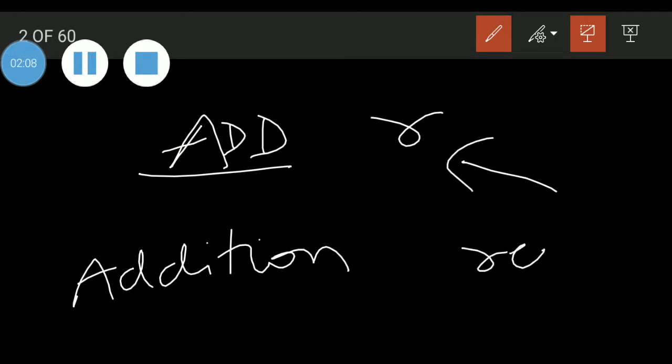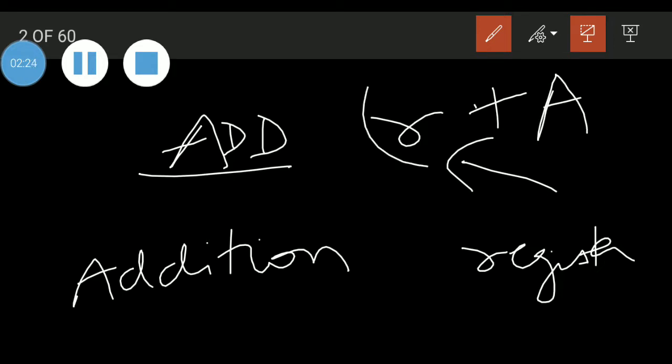If we write ADD R, it means the content of register R is added with the content of the accumulator. R means all the registers.